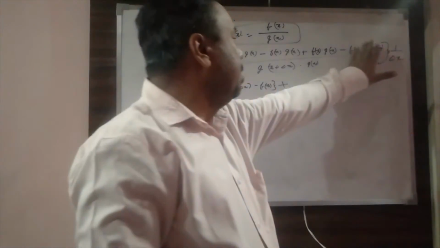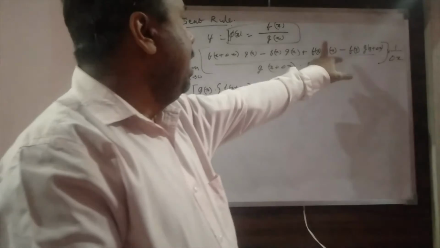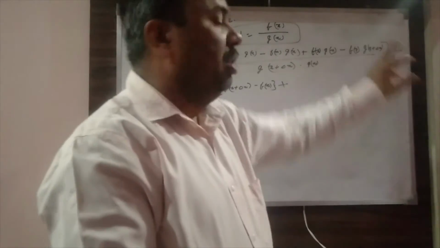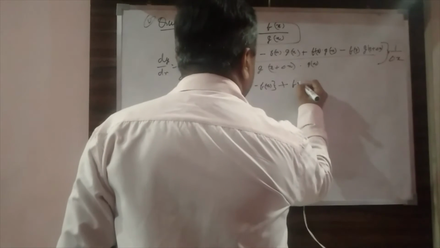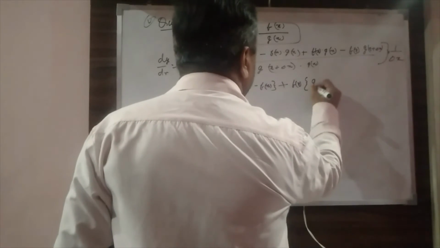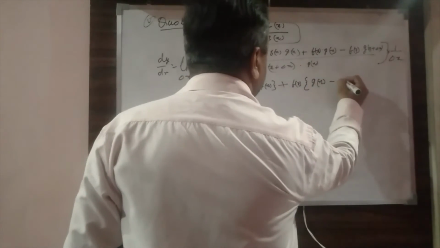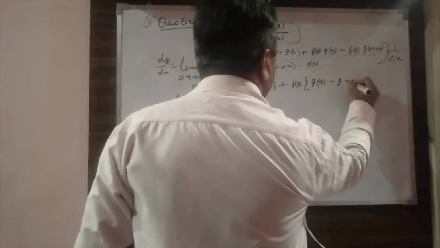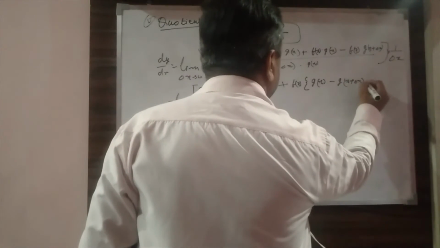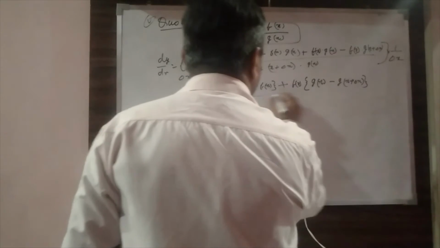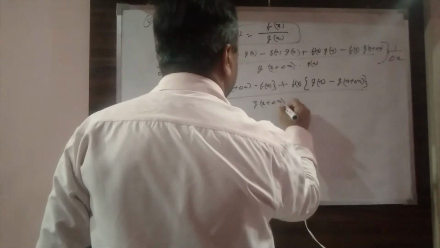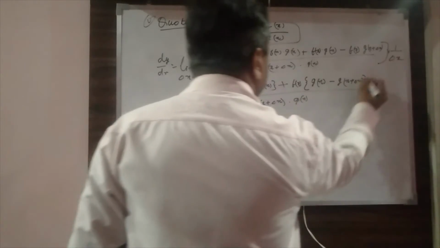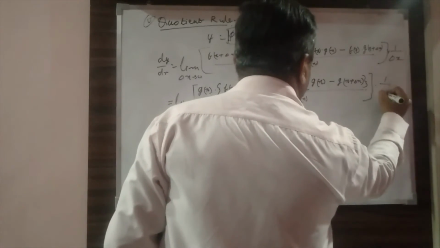Now from these two terms, f(x) is common, so f(x) will be taken as common, and the remaining is g(x) minus g(x plus delta x) divided by g(x plus delta x) multiplied by g(x) into 1 by delta x.